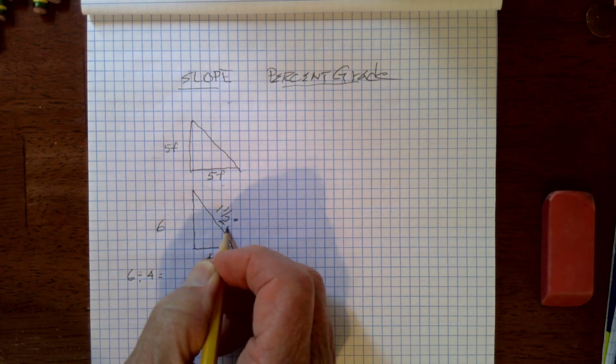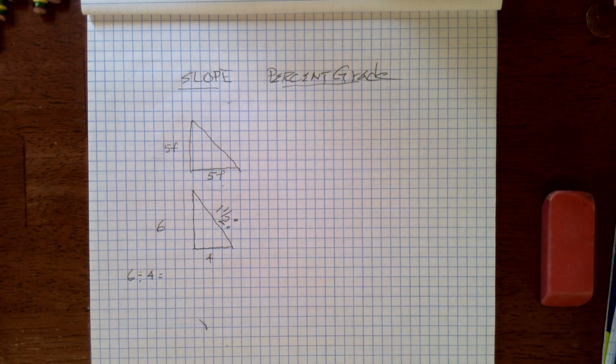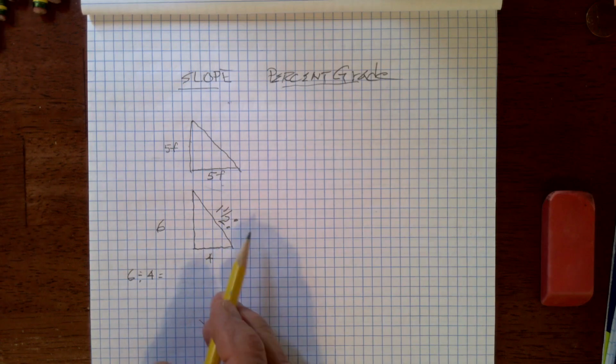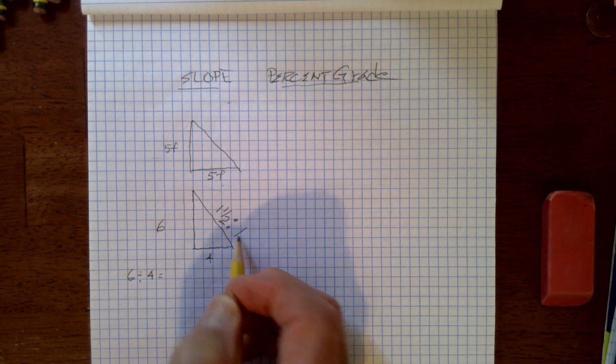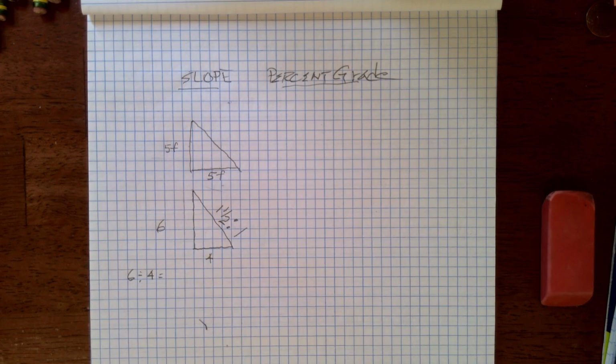These colons are like a ratio expression: 1.5 to 1, because we divided 6 by 4 and 4 by 4. So we got 1.5 when we did that.